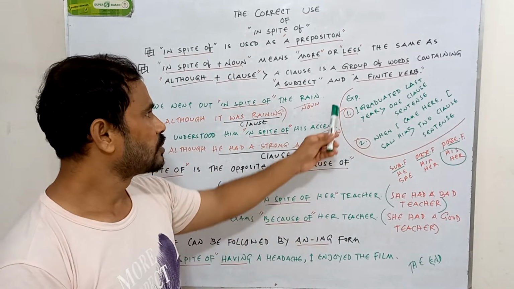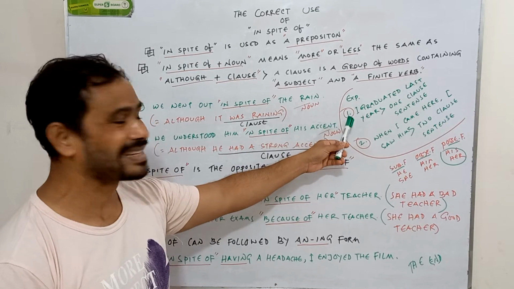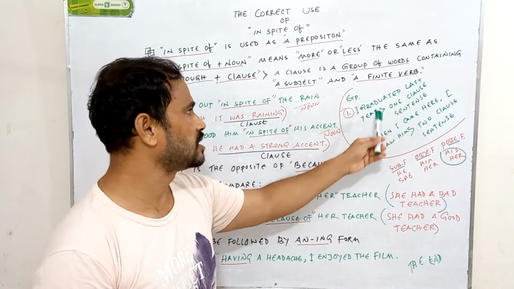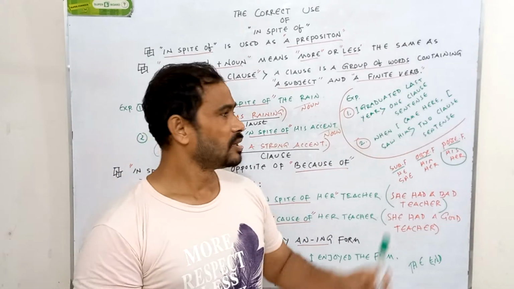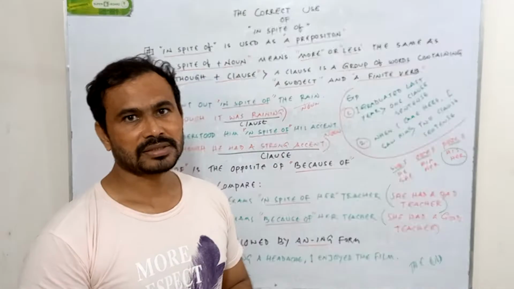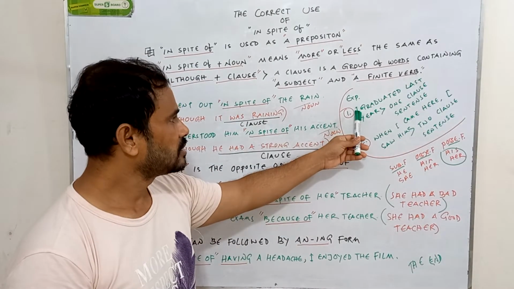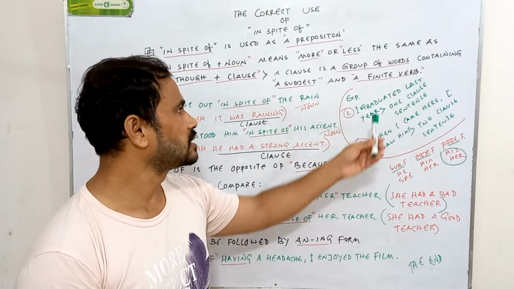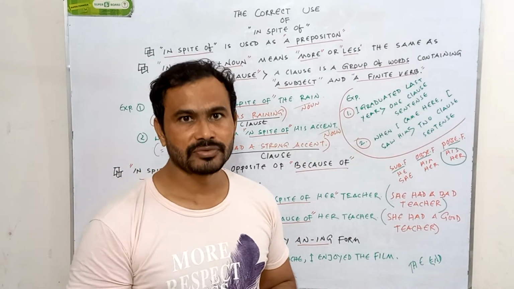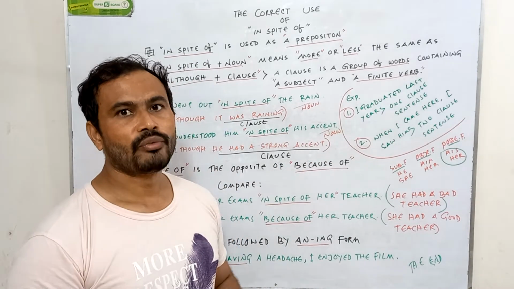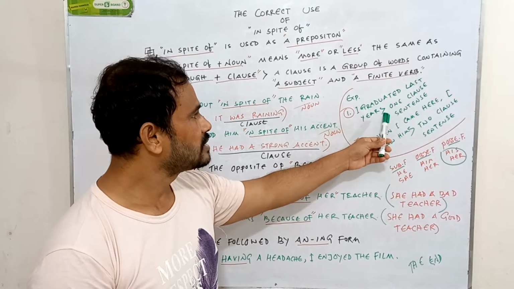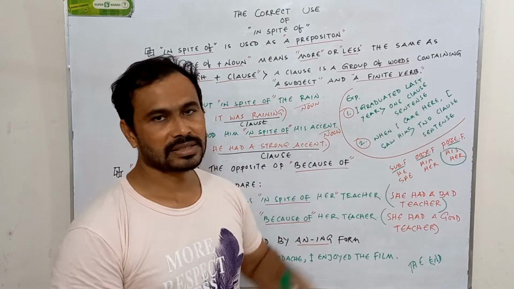My first example sentence is: I graduated last year. This is a one clause sentence, where I is the subject and graduated is the finite verb. So we can say it is a one clause sentence.